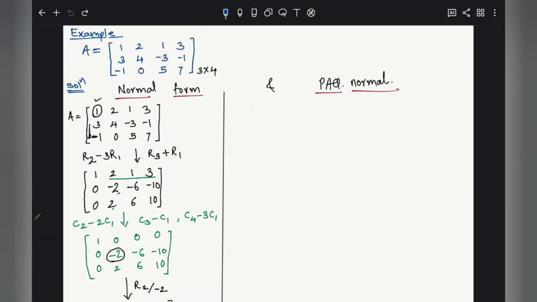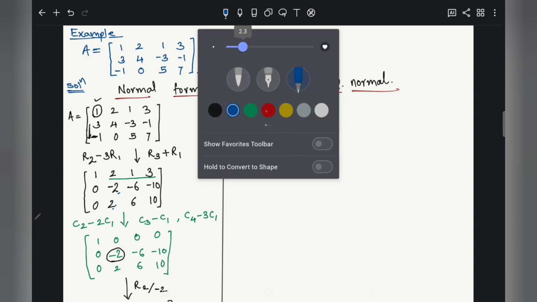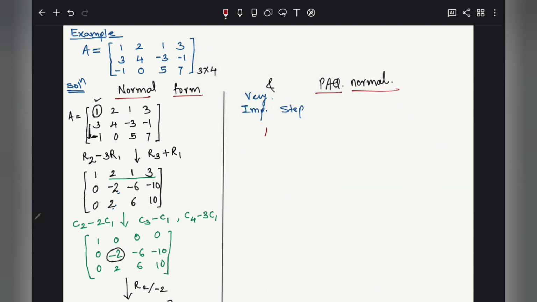So look here, for the PAQ normal form, the first step is a very important step. What is that step? We write the given matrix A as IAI. We know that any matrix is equal to identity into A into identity.